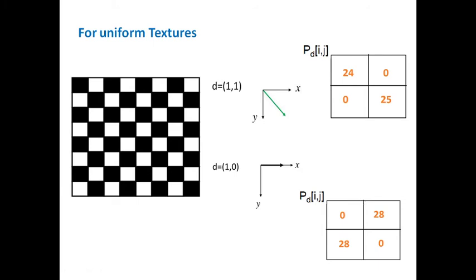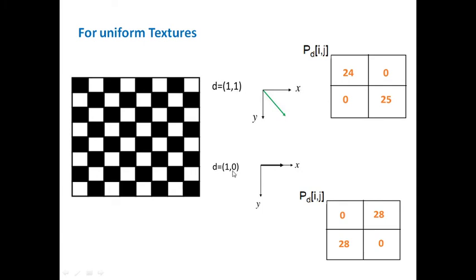Okay, so the GLCM for d equal to 1 comma 1 is this one, and for d equal to 1 comma 0 is this one. d equal to 1 comma 1 is nothing but moving 1 unit to the right and 1 unit downward.